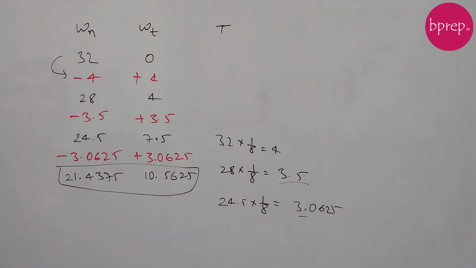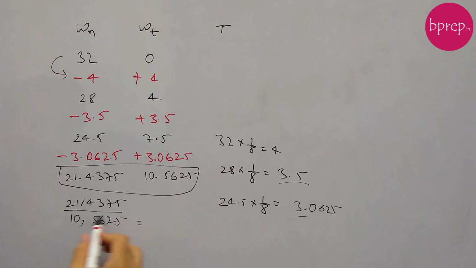So now we need to find out the ratio of wine to water. So wine to water is clearly 21.4375 by 10.5625. Okay, so now we can ignore the decimal because both are at same point. And then it seems like it's divisible by 5 and 25 as well. So we can divide it further.